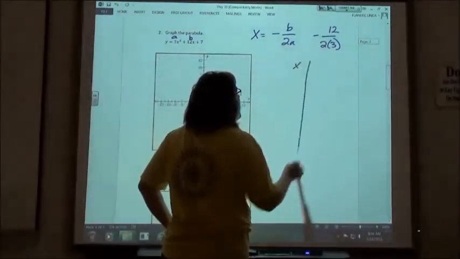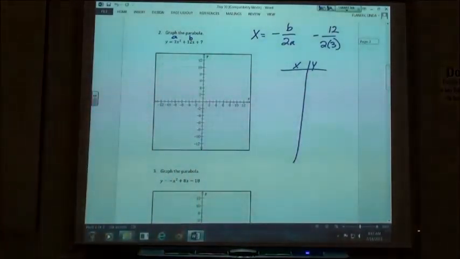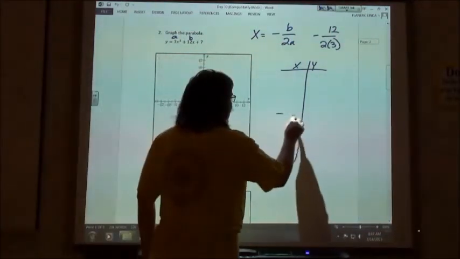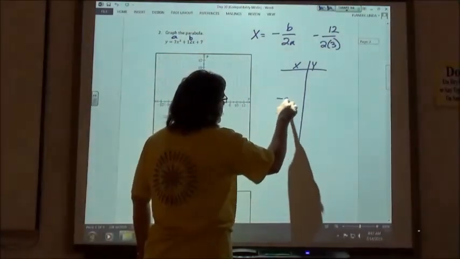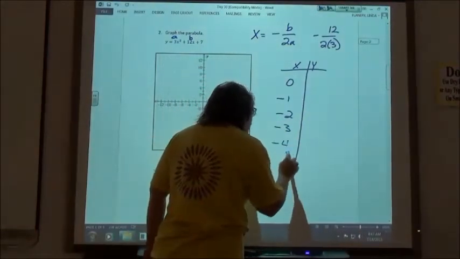And so the x value of our vertex is going to be negative 2. So going up, negative 2, negative 1, 0, and down, negative 2, negative 3, negative 4.